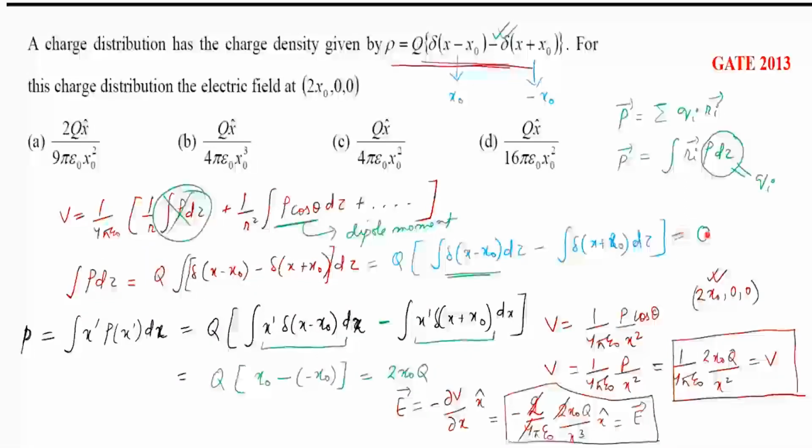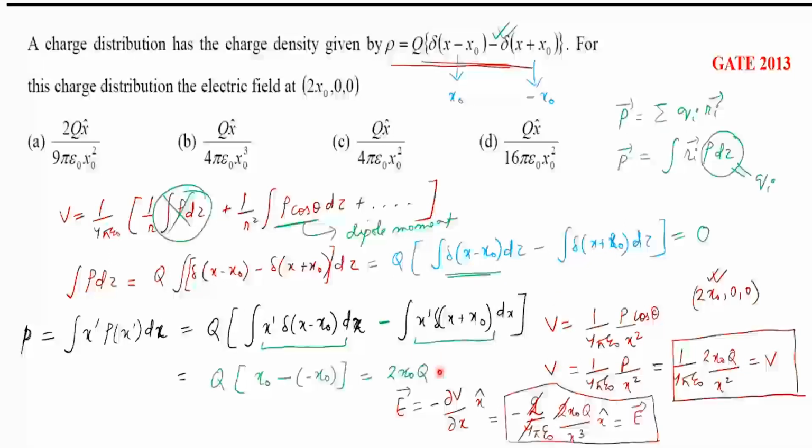So since the net charge is 0, we are going for the dipole term. First we calculate the dipole moment. This is the discrete formula and this is the continuous formula. Since it is one dimension, we replace it by x. Then with this rho, we calculate the dipole moment.